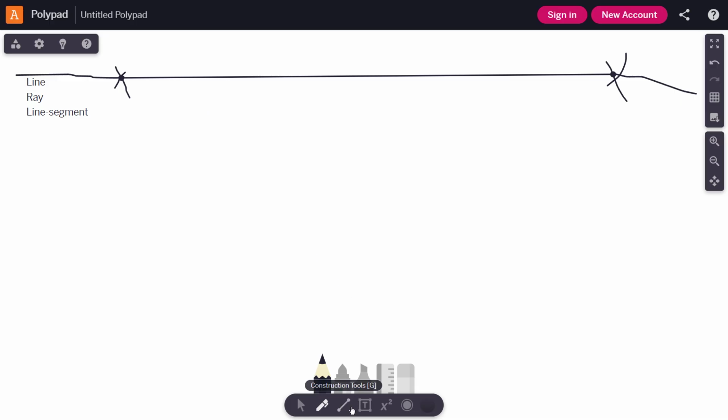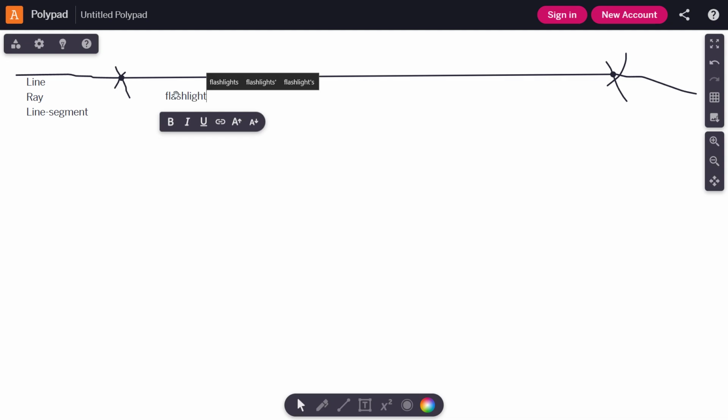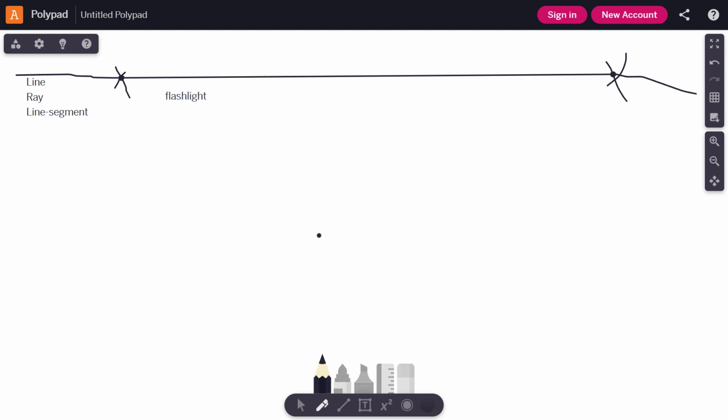That's a line. How about a ray? A ray, you can probably imagine a flashlight. Got a drawing, so just imagine there's a flashlight. Then it can emit light, and then there's a light beam going straight.